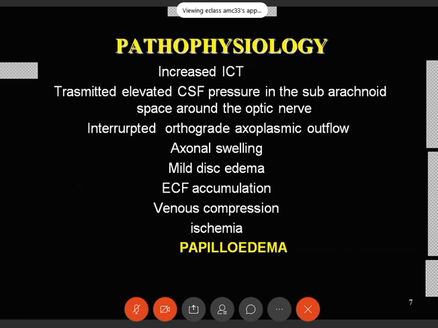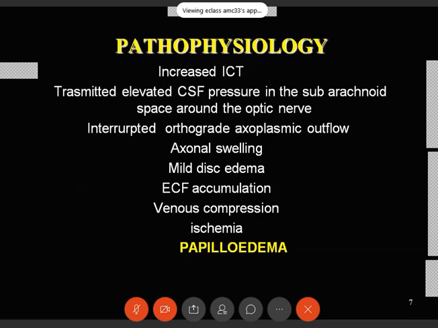The interruption of axoplasmic flow leads to axonal swelling. As the nerve fibers swell, the disc becomes raised and edematous. Mild disc edema is present.